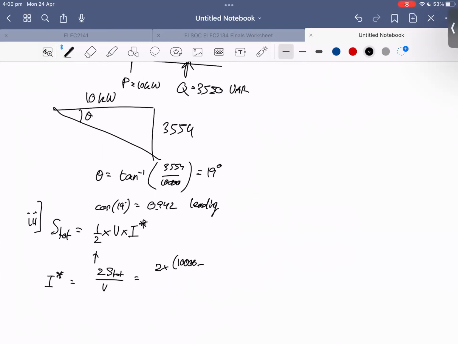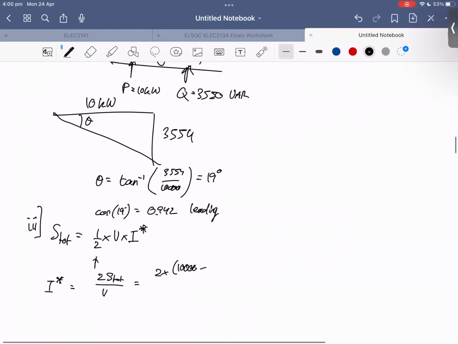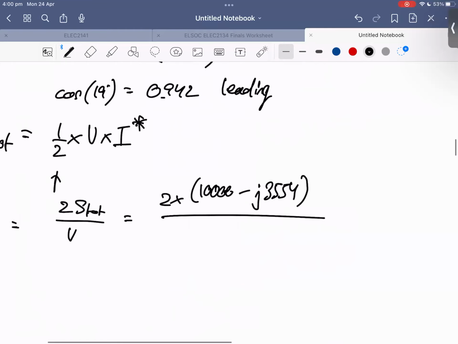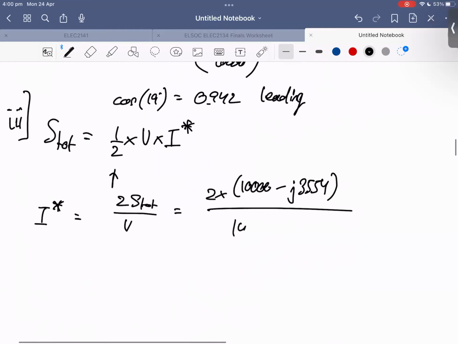So 2 times S total, which is 10,000 minus j 3,554. That whole thing is divided by the voltage 1414 with a phase of 30.